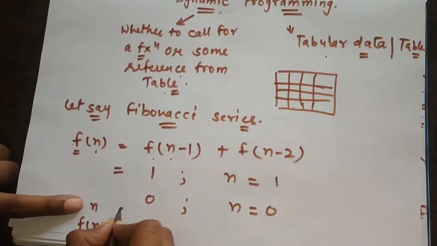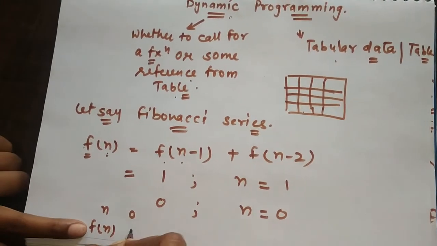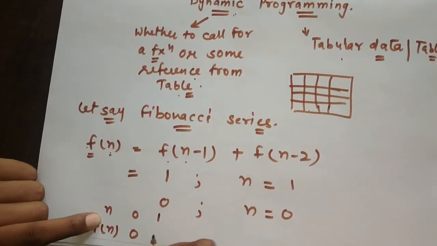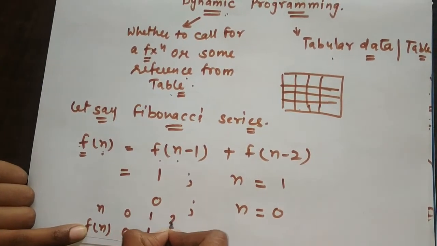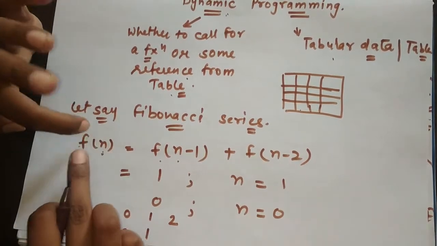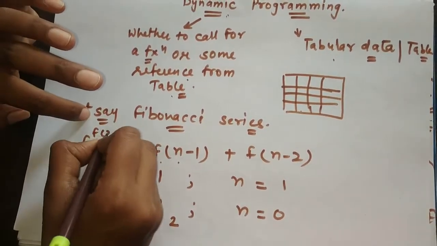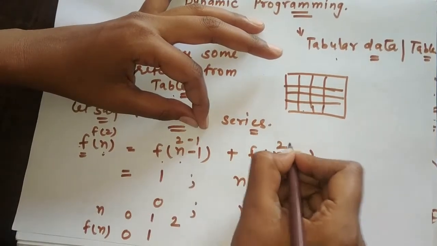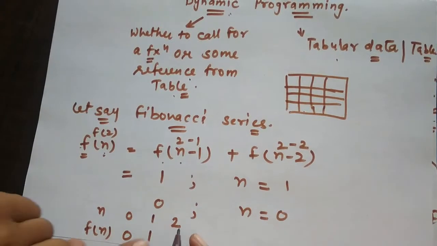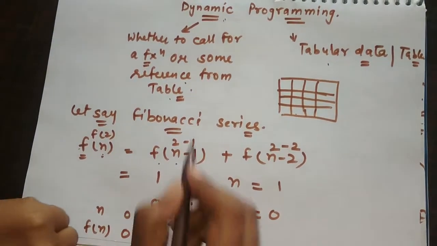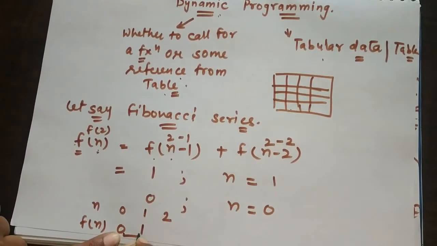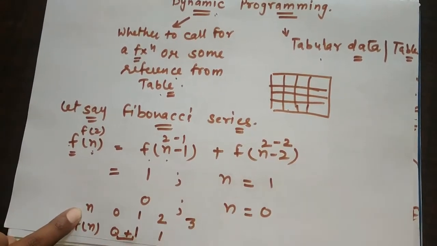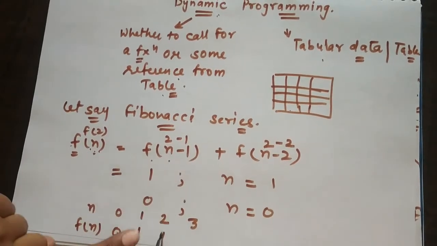Let's say here I am showing you n and f of n. When n is 0, Fibonacci of 0 equals 0. When n is 1, it is 1. When n is 2, what will be f of 2? It will be f of 2 minus 1 plus f of 2 minus 2, the sum of these two values. 0 plus 1, 1.